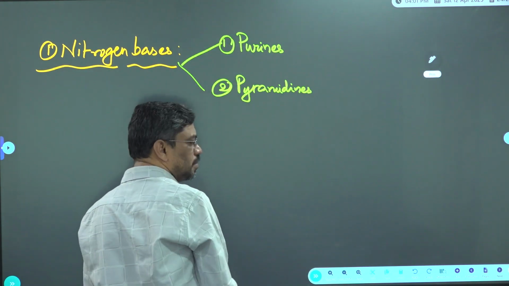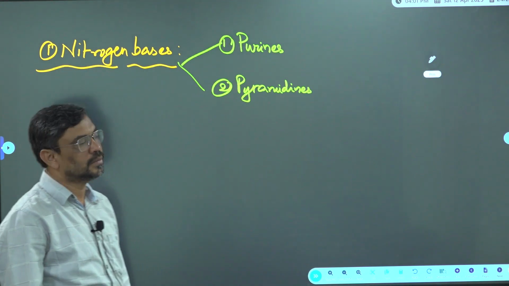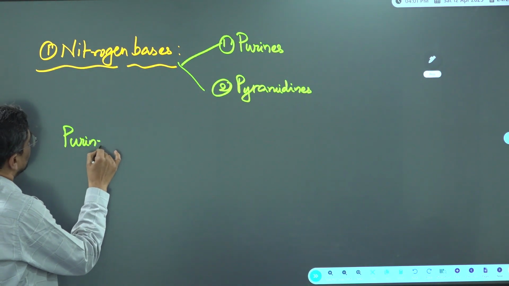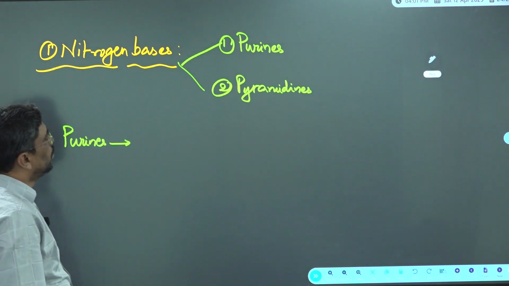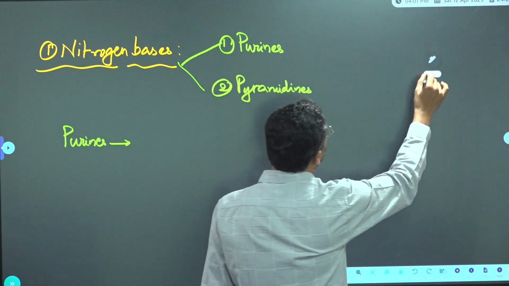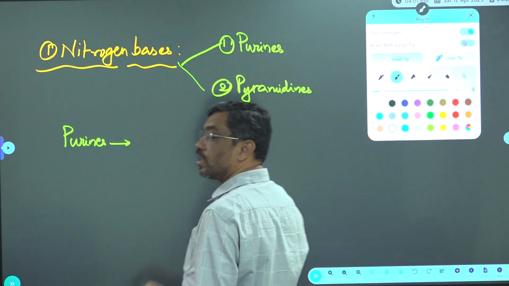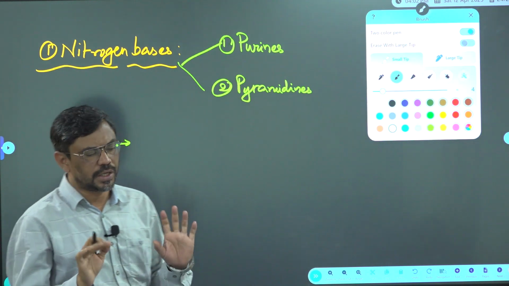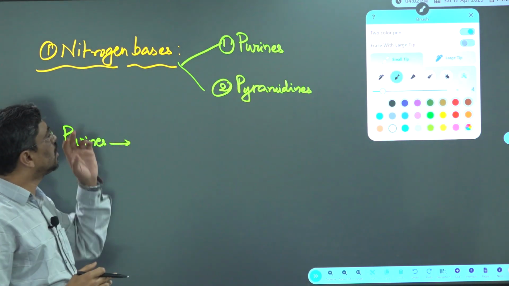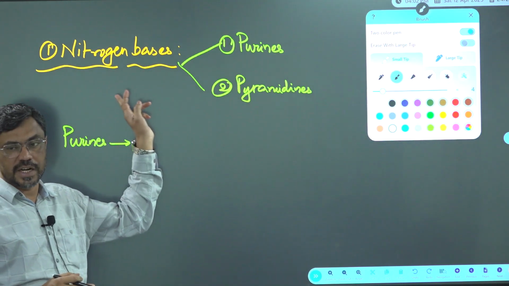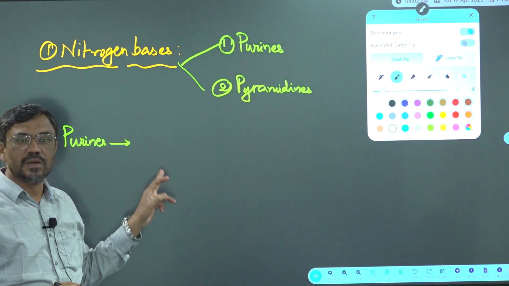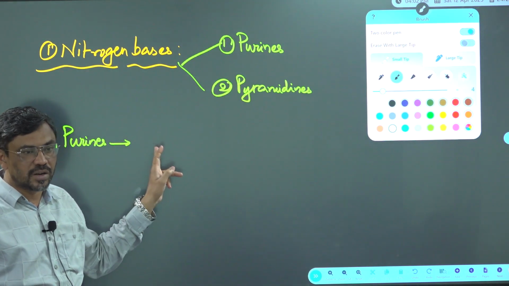Purines resemble a substance called purine, that's why they are called purines. It is just for your understanding. Nitrogen bases are basic in nature and contain nitrogenous compounds.